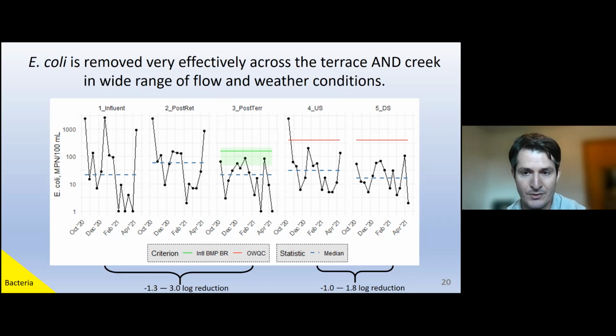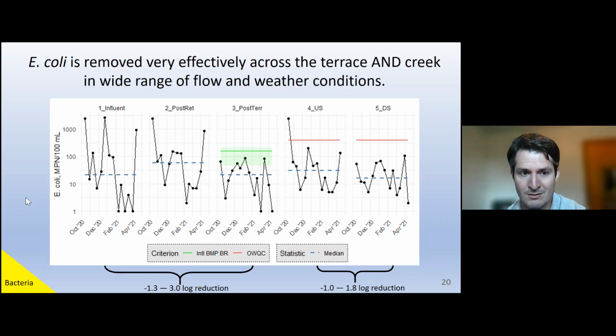So on those 2 sites, I have that red Oregon water quality criteria single sample line, just showing how almost all the results didn't really change that much above and below either, but were usually below that single sample criteria.